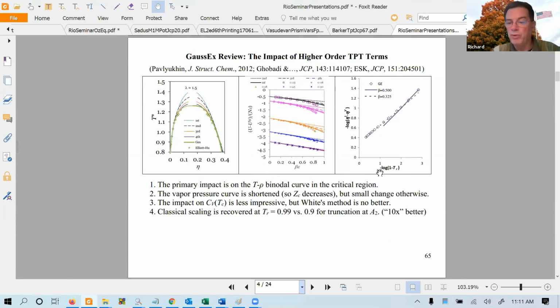So when this quantity, log base 10 of 1 minus TR, is equal to 1, that's 90% of the critical point. When it's 2, that's 99%. So have we gotten 10% closer to the critical point, or have we gotten 10 times closer, right? Because if you're looking at it from the critical point's point of view, we're now 10 times closer, if you're at the critical point looking back.